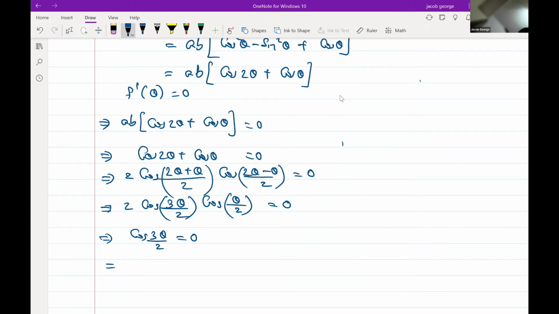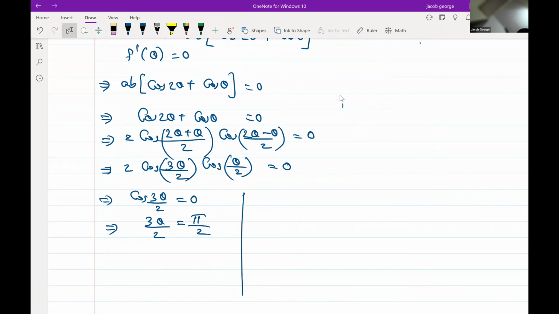Here theta is an acute angle only. So 3 theta by 2, we don't have to take any general solution, is equal to pi by 2 because cos 90 is 0. 2 and 2 will go. Theta is pi by 3. This is possible being an acute angle. So theta is pi by 3 by the first factor equating to 0.